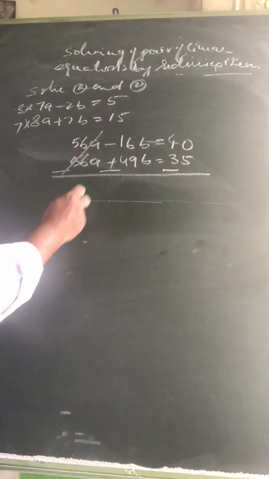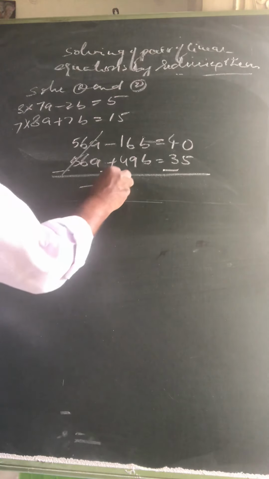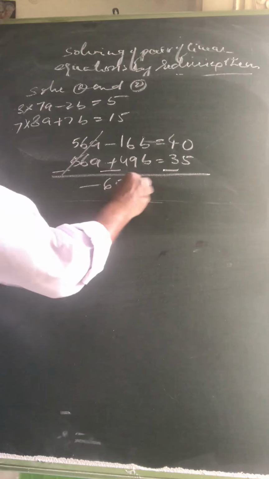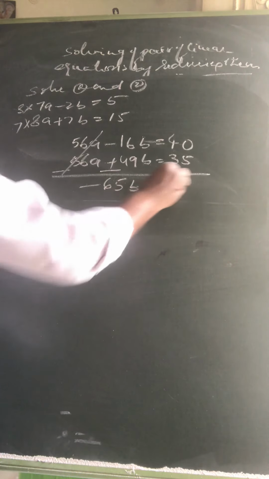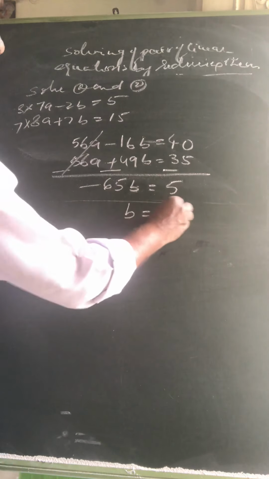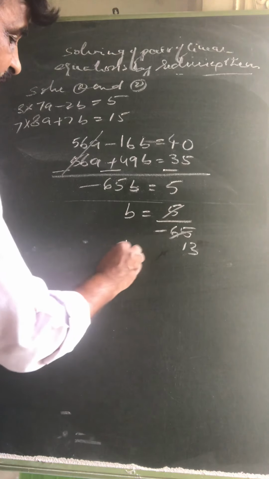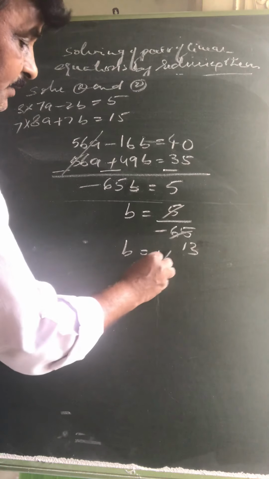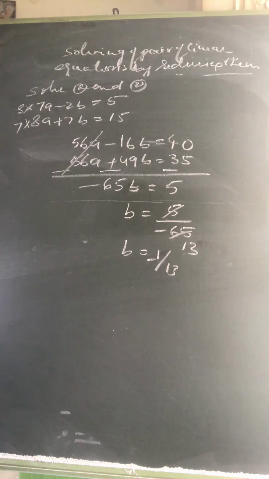Here minus 16b minus 49b is minus 65b, is equal to 40 minus 35, which is 5. Now b is equal to 5 by minus 65. 5 ones are 5, 5 thirteens are 65. So b is equal to minus 1 by 13.